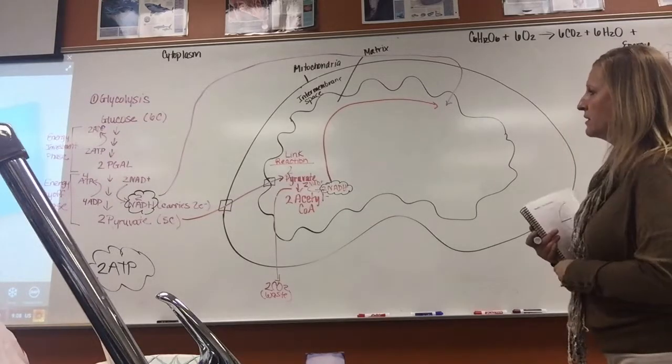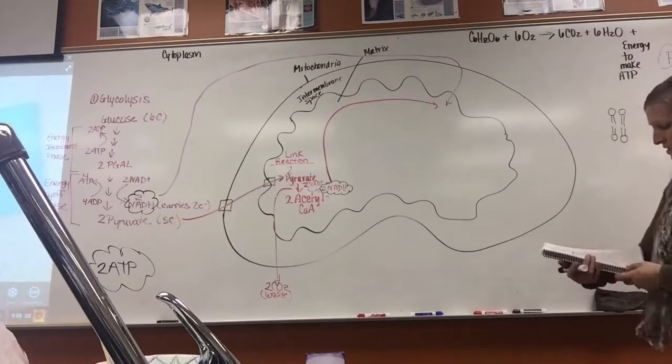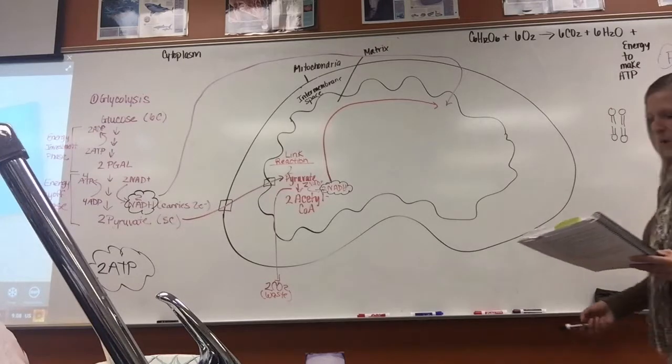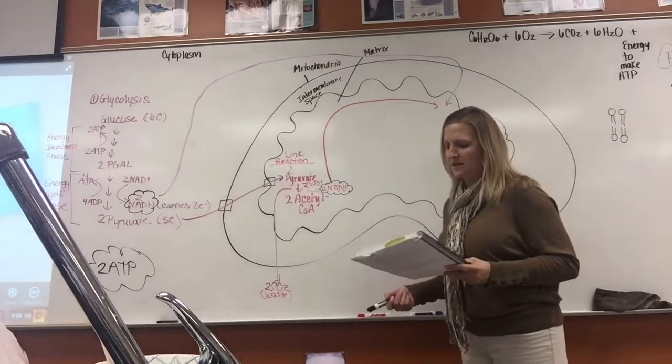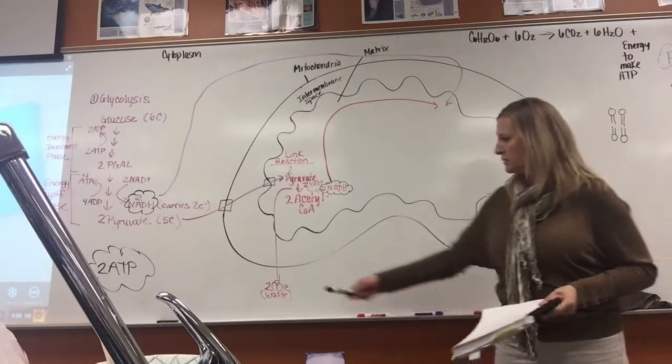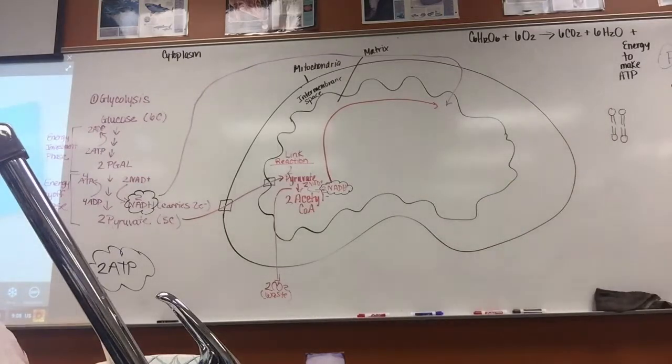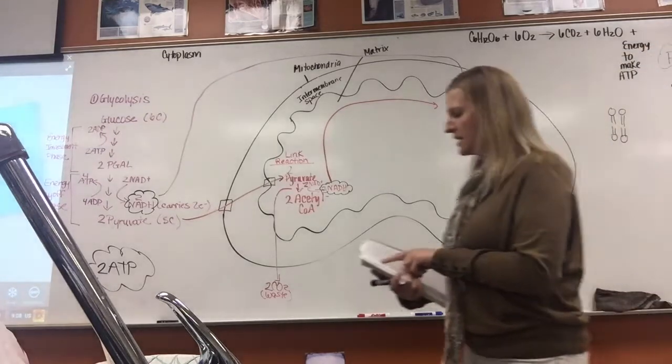So then number 11, when the pyruvic acid is decarboxylated, what molecule is removed? That's CO2. Number 12, coenzyme A carries the remainder of the pyruvate to the site of the Krebs cycle. A, what is the name of the decarboxylated pyruvic acid?